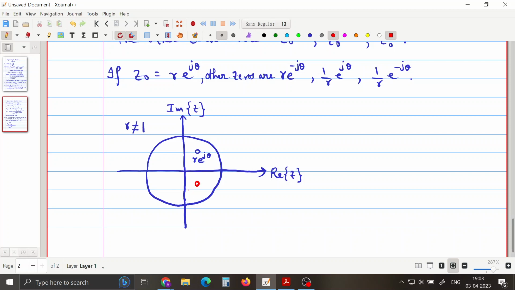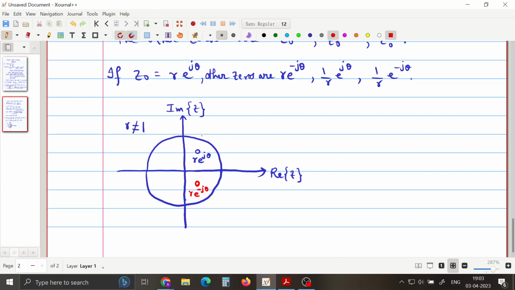So this is r e to the power minus j theta. You will also have another 0 at 1 by r e power j theta. The phase angle is theta, which is the same as the first 0, drawn in the first quadrant.